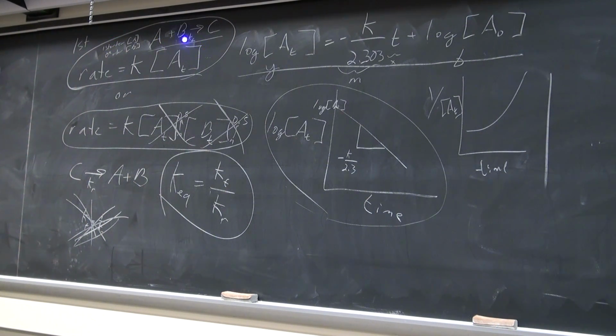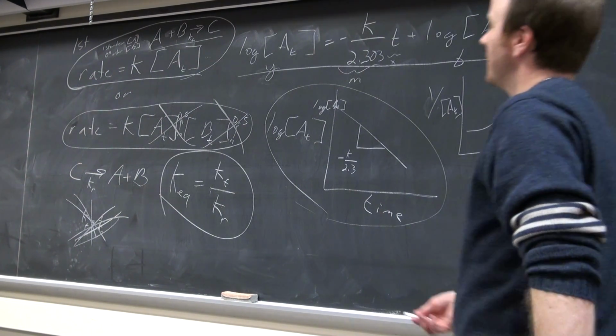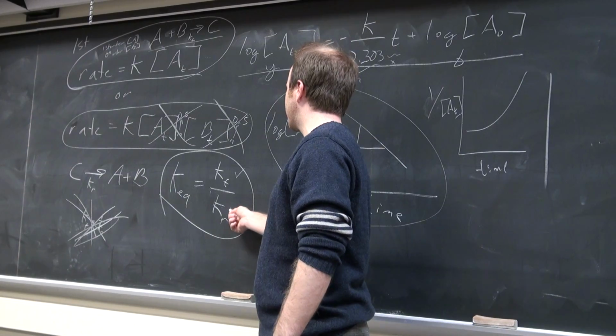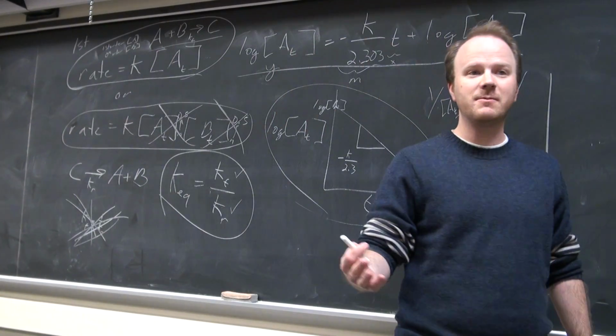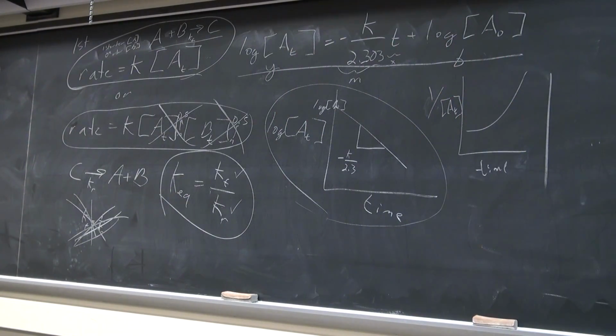Well, if we're talking about KF, C has nothing to do with it, right? But if there was another part of the question, I asked you about KR. I could give you the forward rate constant and the reverse rate constant, and say, what's the equilibrium constant? Or I could tell you what the equilibrium constant was in the other one.